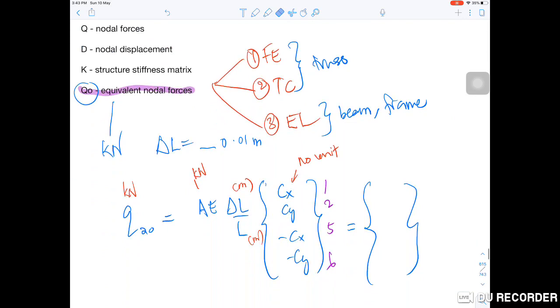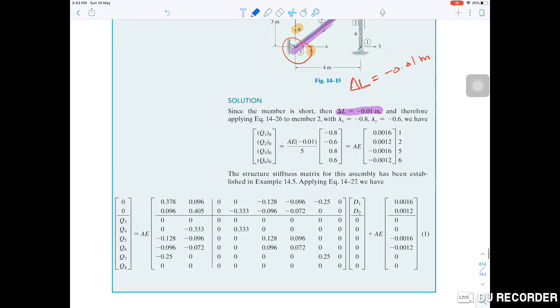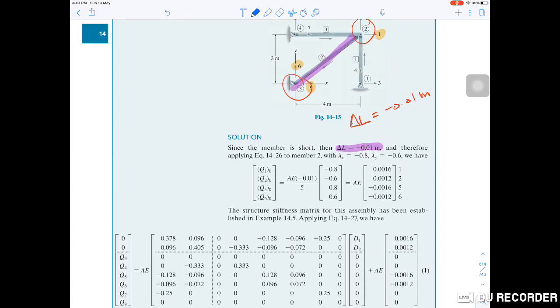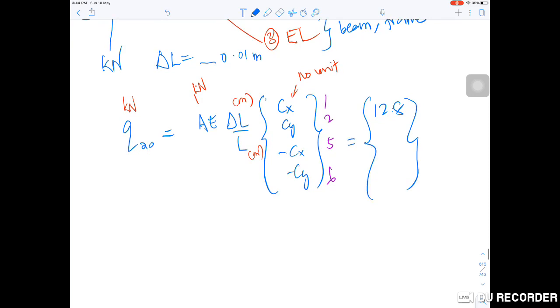Then 8,000 times 0.01 divided by 5 times 0.6 is 9.6. So this is 9.6, this is negative 12.8.